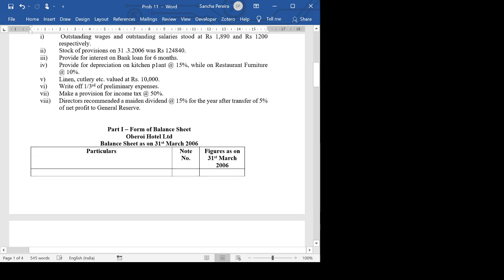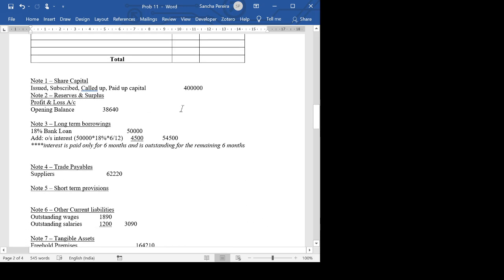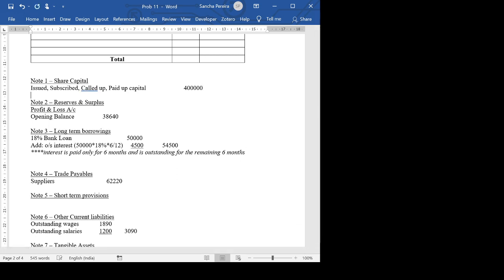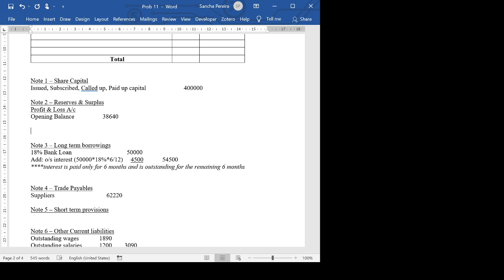Proposed dividend, 15% of the share capital, which is 4 lakhs. The proposed dividend will have to be deducted from the profit. Right now we don't know the current year's profit, so I will just say less proposed dividend. I don't know the profit yet, but I know how much the dividend is.